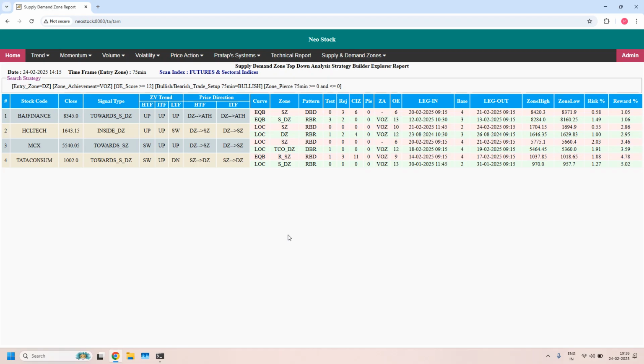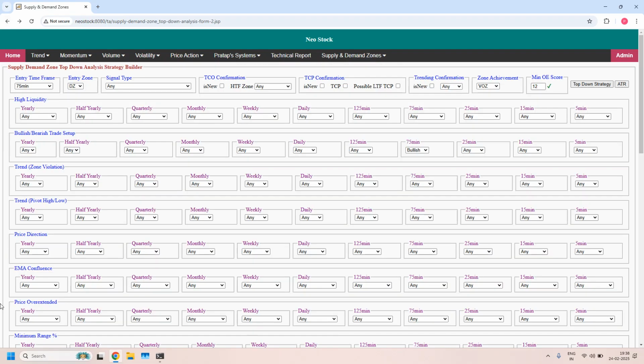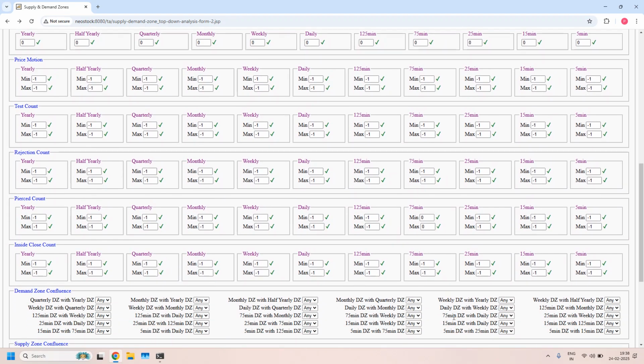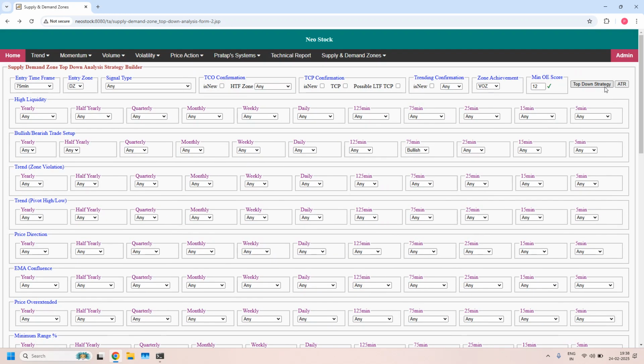Out of these 4 75 minutes demand zones, how many are probably supporting high probability trade setup supported zones? Let us verify. So first one is LTF, ITF demand zone confluence, that is 75 with daily demand zone confluence. Enable the filter.